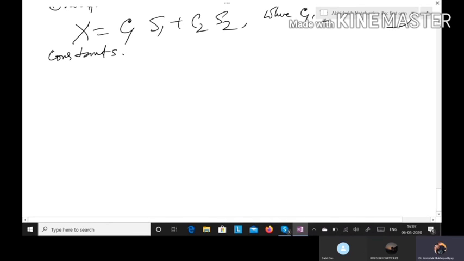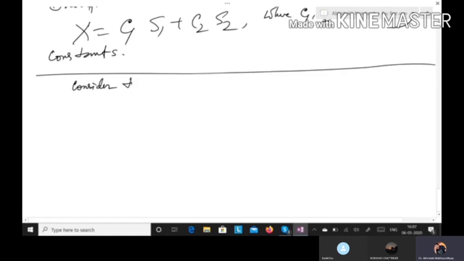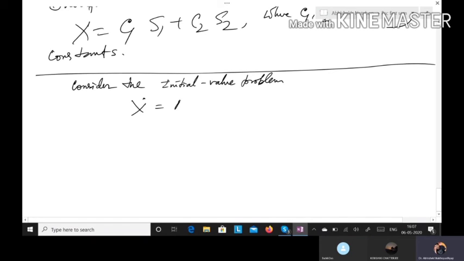That is, consider the initial value problem. What is the problem? That is to find the solution of this linear system x dot is Ax, with respect to the condition that the initial value, that is x(0), is x0.